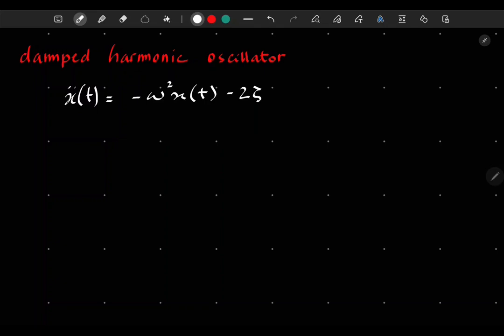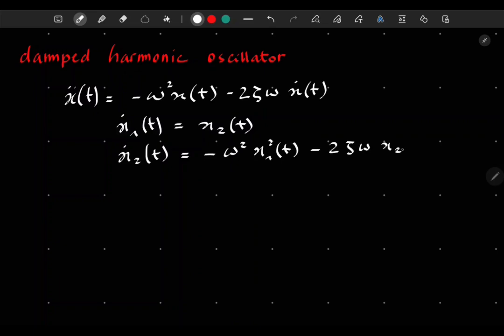It's minus 2 times a coefficient denoted by zeta times omega, the frequency of the undamped oscillator, times the derivative of x. We can again introduce an auxiliary variable, so we denote x1 dot equals x2, and then x2 dot is just the expression above, where we replace the derivative of x with x2.